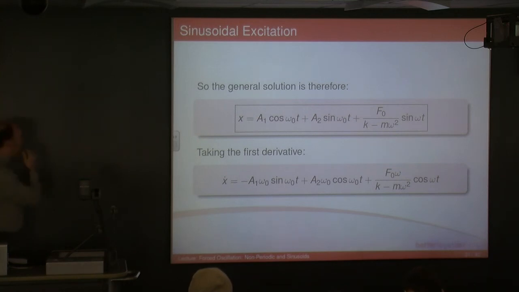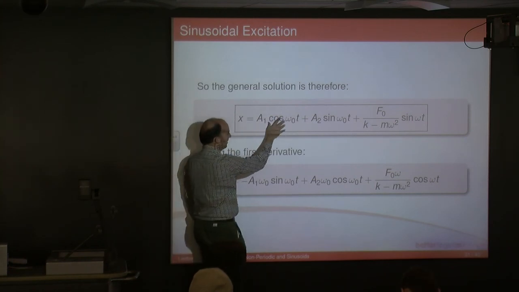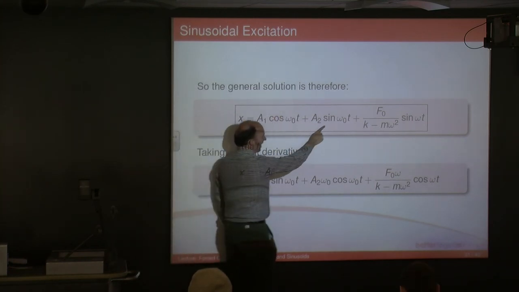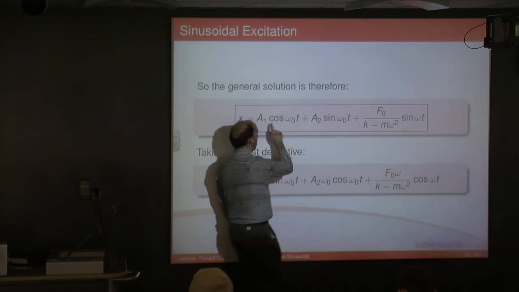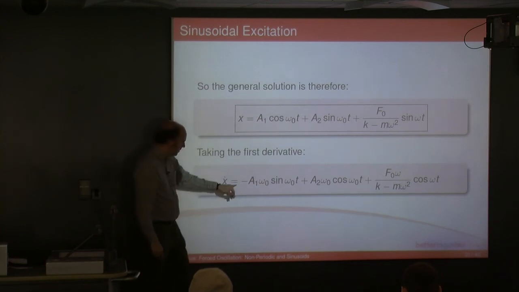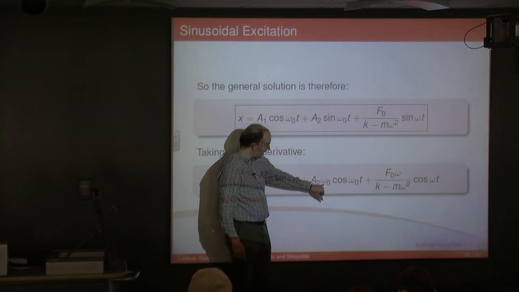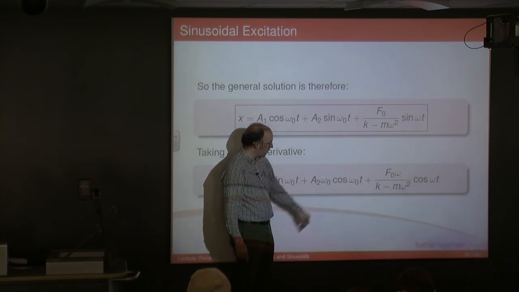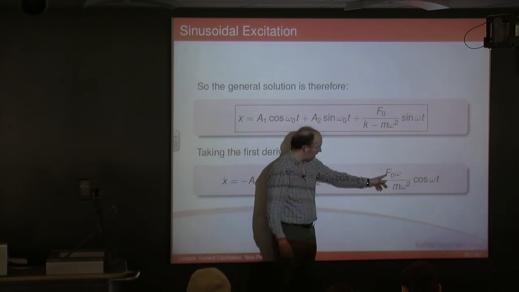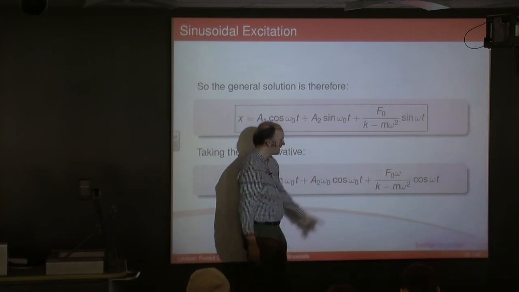So when time is 0, x is 0, displacement is 0, so that's a1, that stays here, that's 0, and that's 0. So a1 must therefore be 0. With the first derivative, this term drops to 0, that's disappearing. We've got a2 omega naught times by 1, and then we have f naught omega over k minus m omega squared times by 1.